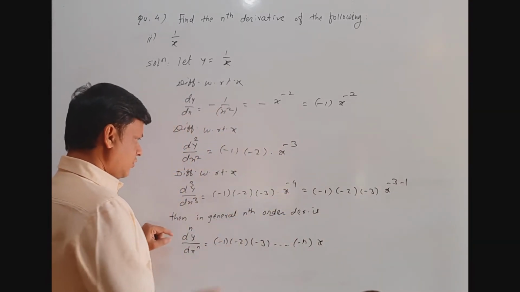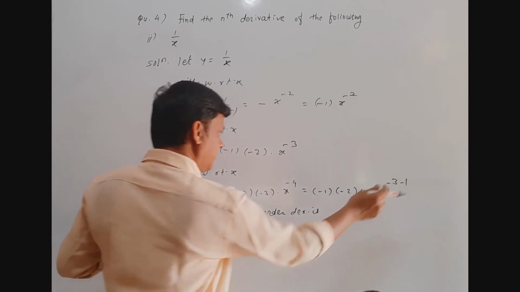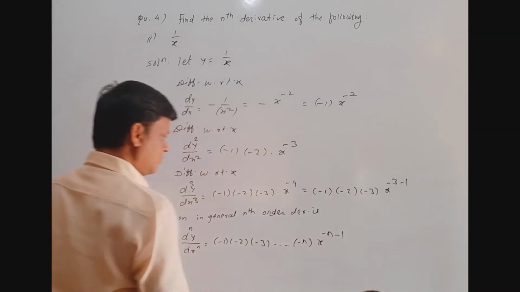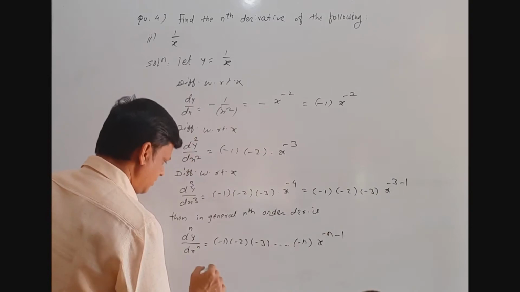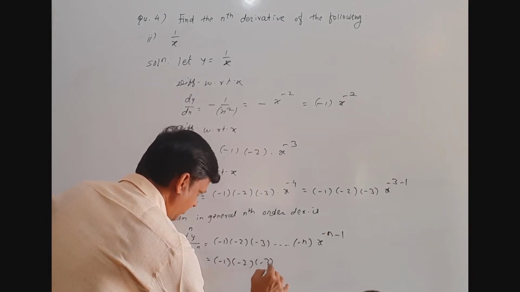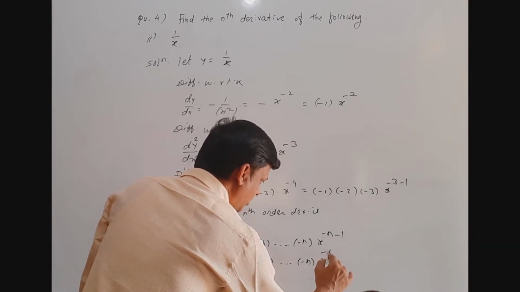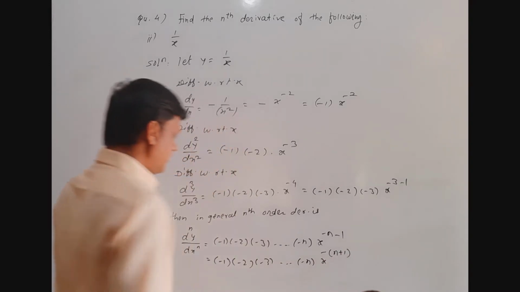So here also we write n as it is, so minus n, then minus 1. So if you take the minus sign common, we write minus 1 into minus 2 into minus 3 and so on, minus n into x raised to the power minus n plus 1.